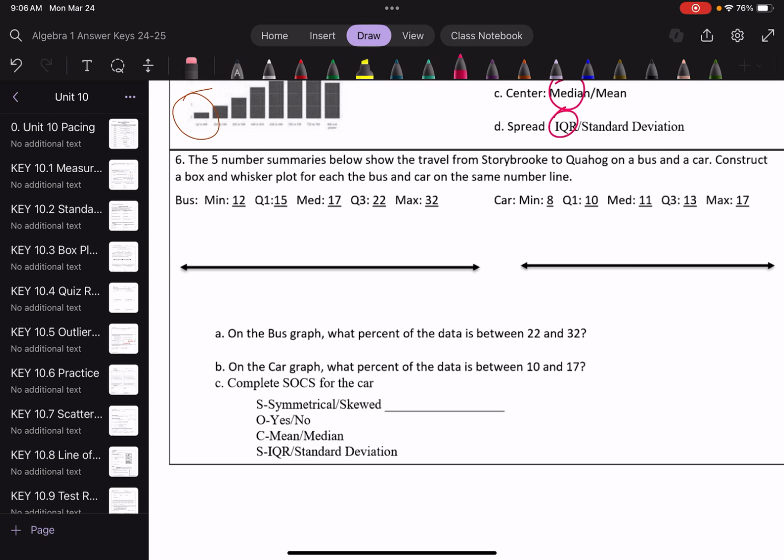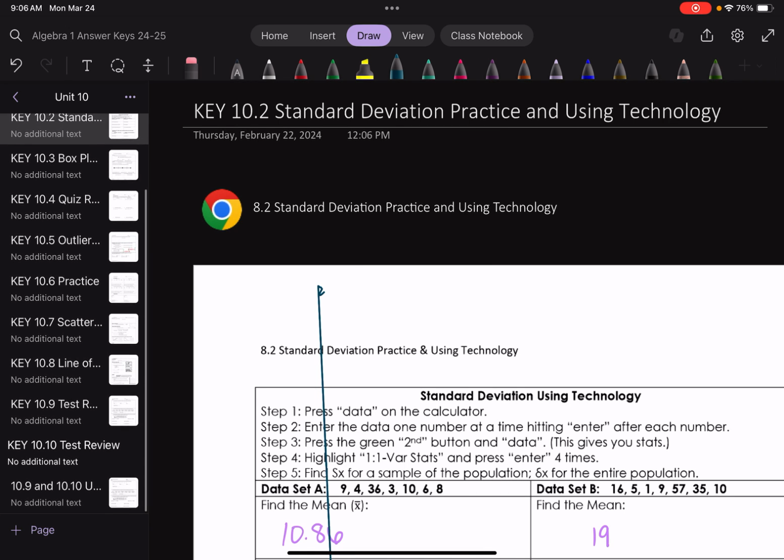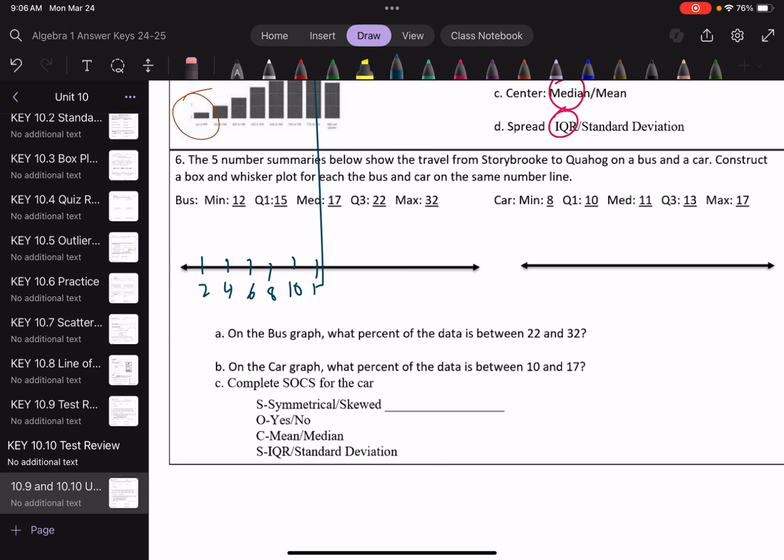So I've got, or not by tens, I apologize, but twos. So 2, 4, 6, 8, 10, 12, sorry about that. 14, 16, 18, 20, 22, 24.